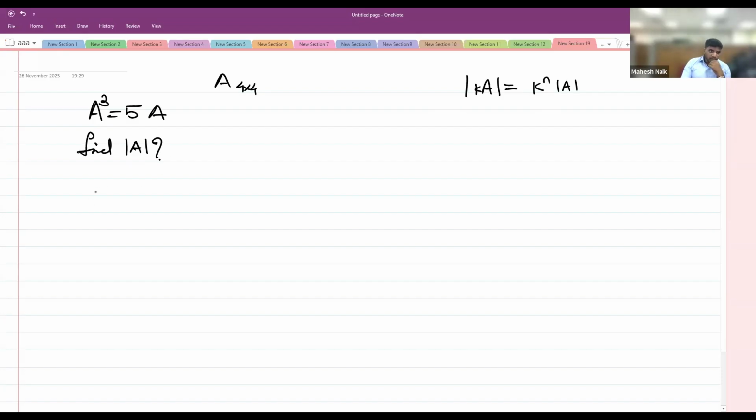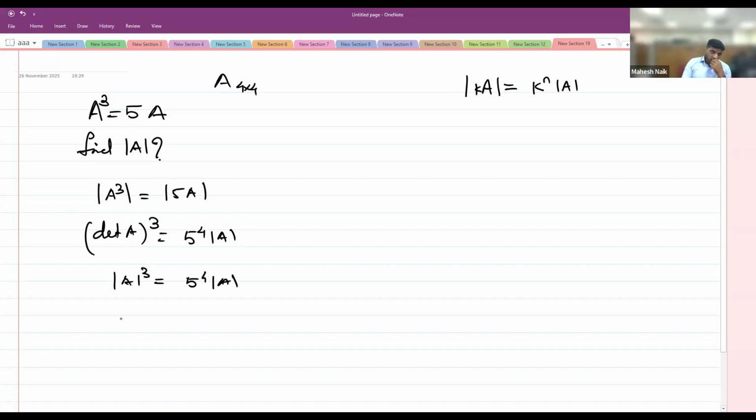So we can use this property here, determinant of A cube equal to determinant of 5A, and determinant of A cube is same as determinant of A the whole cube, whereas determinant of 5A would be 5 raised to 4 into determinant of A. Determinant of A the whole cube equal to 5 raised to 4 determinant of A.